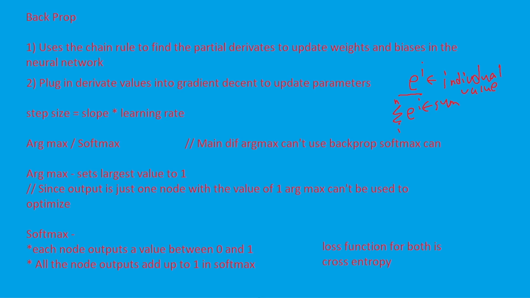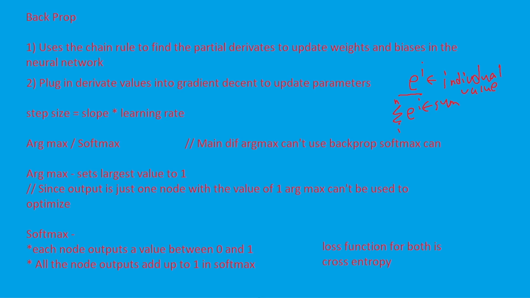So, I'll be covering argmax and softmax, two different ways to show a classification which could be used in images to determine what this image is, like is it a different type of species? You have multiple different possible outputs other than a yes or no. Argmax looks at the output layer and looks at all the values, and then sets the largest value to 1. All the other ones get ignored.